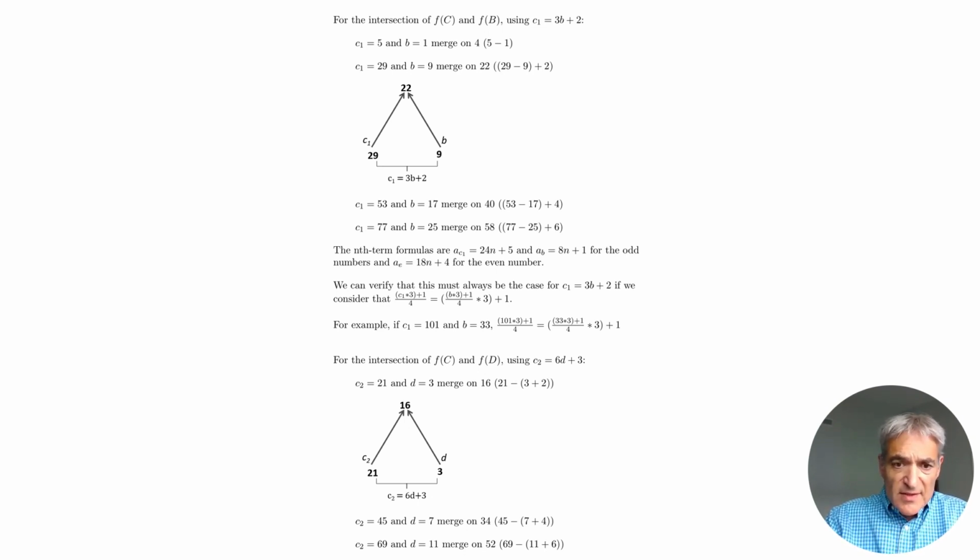The next instance, C2 equals 45 and D equals 7, merge on 34, which is 45 minus 7 plus 4. C2 equals 69 and D equals 11, merge on 52, which is 69 minus 11 plus 6.